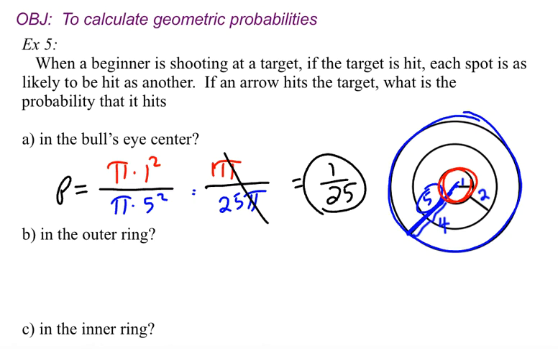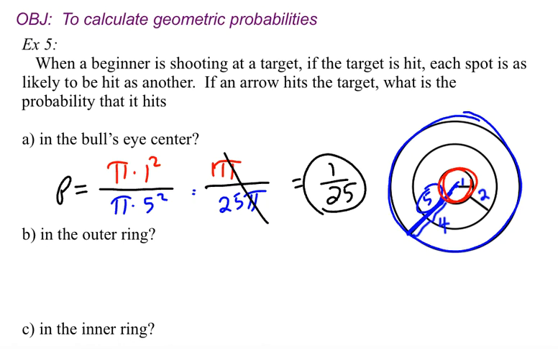Now I should stop for a quick second and preface this with, this is a situation where we are assuming that each spot on the board is equally likely of being hit. So if you have somebody that's really good at throwing darts and has really good aim, then the probability would probably not be 1 out of 25. With probability, we're considering random events.